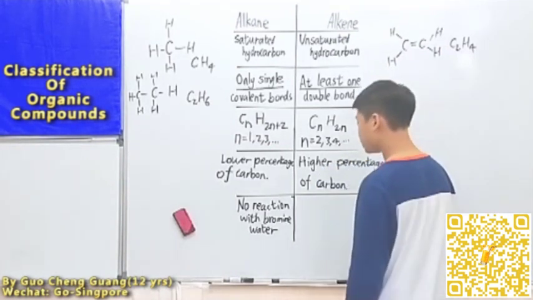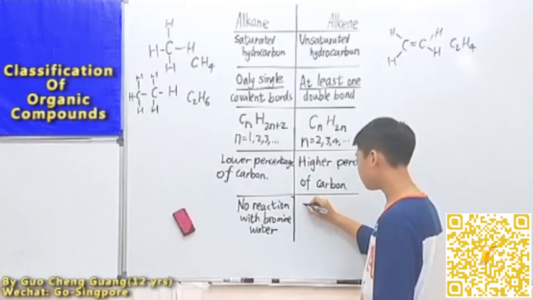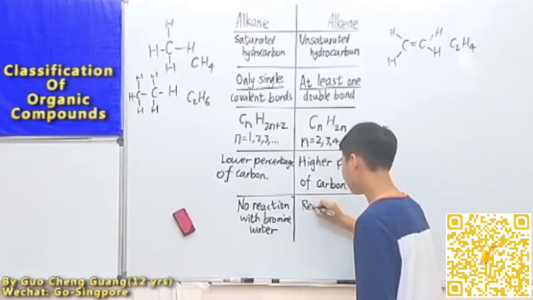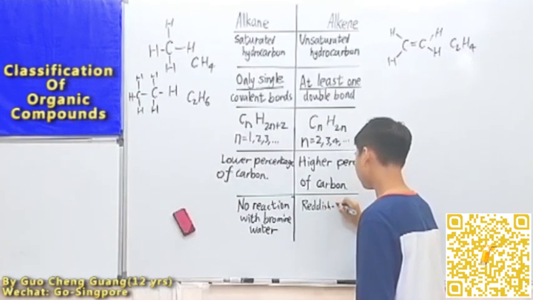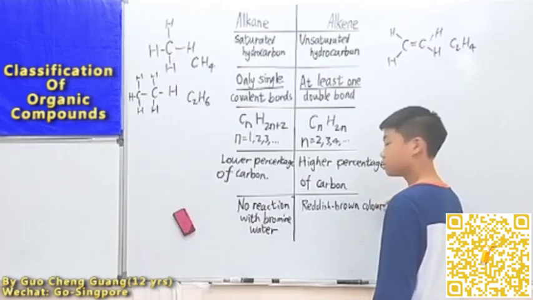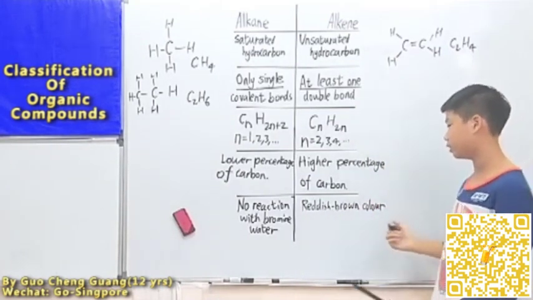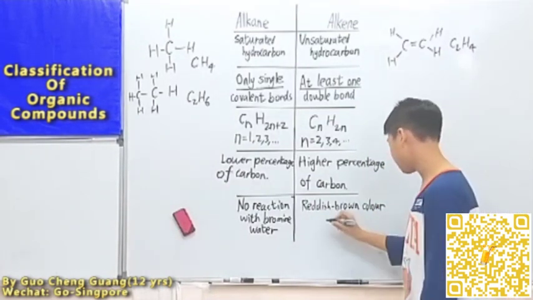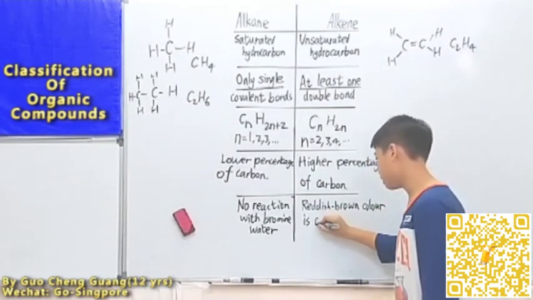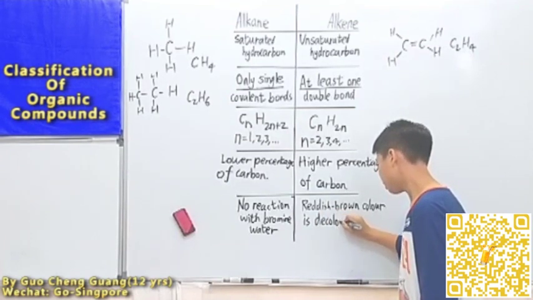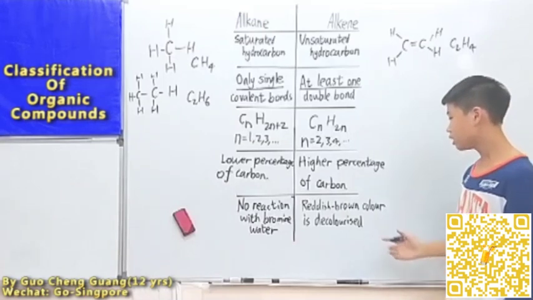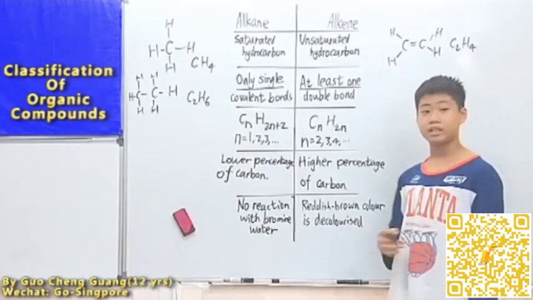This change is that the reddish brown color of the bromine water is already decolorized. So that means the color is just gone.